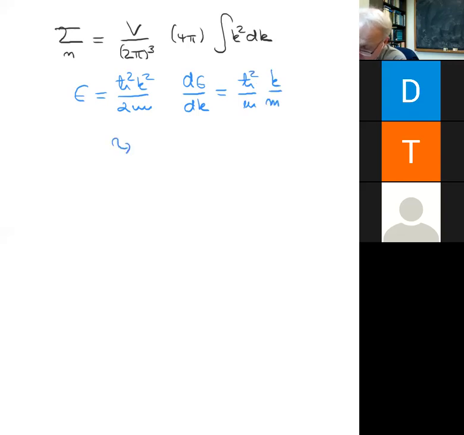So this means we can change variables, so we can write dk as d epsilon times m over ħ² times 1 over k. There's one m too many here.